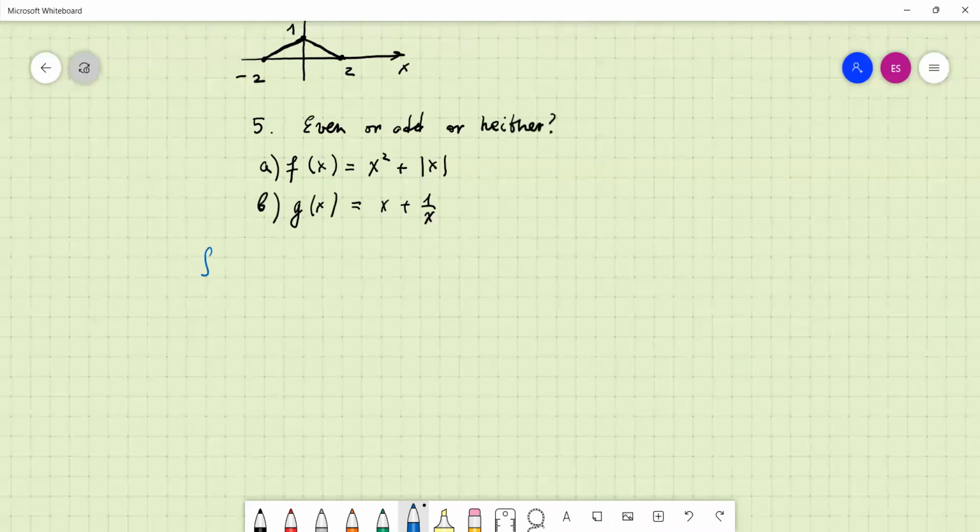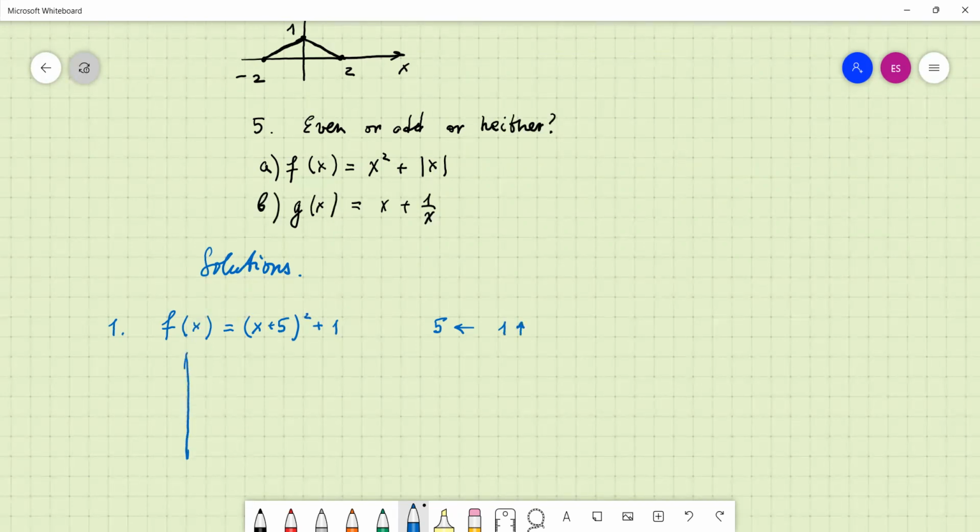Well, for the first problem, let me write it down: x plus 5 squared plus 1. What do we have? Here we have 5 units to the left, right? Normally when it's minus, it's to the right. When it's plus, it's to the left. And 1 unit up.